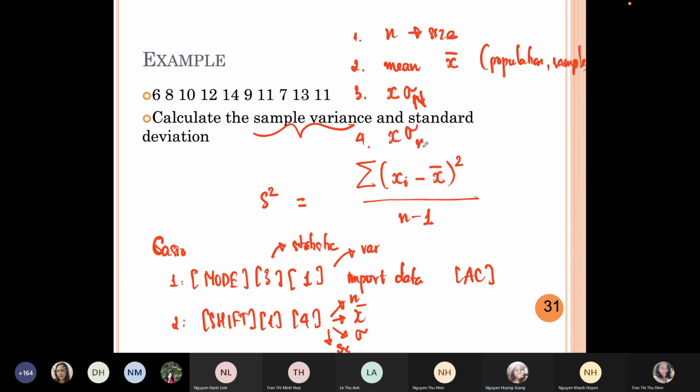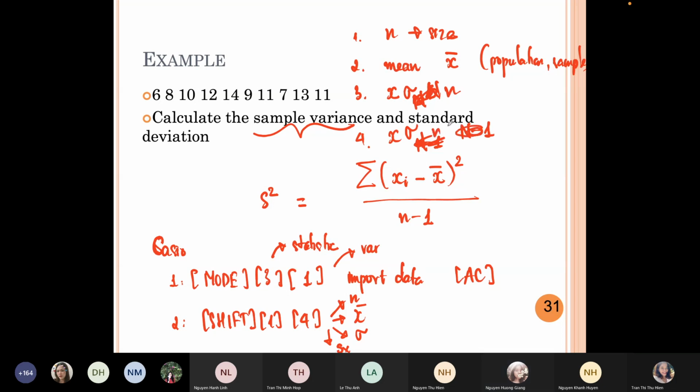X sigma N trừ 1 như này đúng không? Cái chữ N nó viết ngang hàng với cả x cơ ạ. Ý em là viết ngang hàng ấy ạ. Nó không phải ở dưới như thế ạ. Đây đúng không? Vâng, cái trên cũng vậy ạ. Với cả N là chữ bình thường ạ. N là chữ thường đúng không? Vâng.